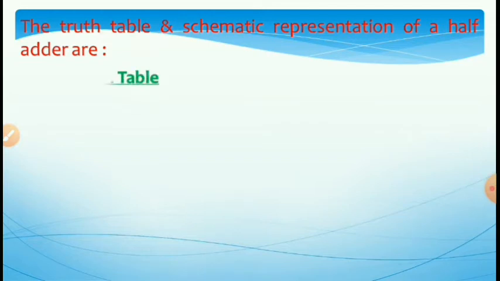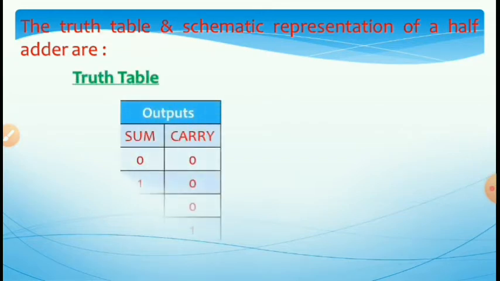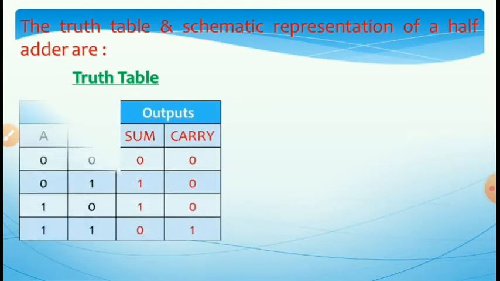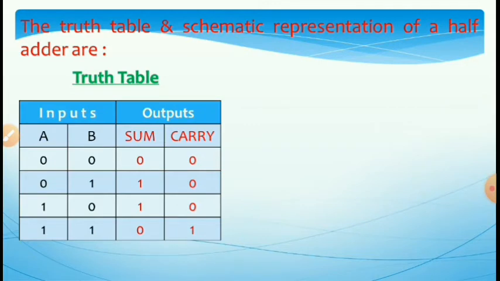So the truth table and schematic representation of a half adder are given below. First of all, let's look at the truth table. In the truth table, there are two inputs A and B and two outputs sum and carry. In the first row, A and B, 0 0, produce sum as 0 and carry as 0.